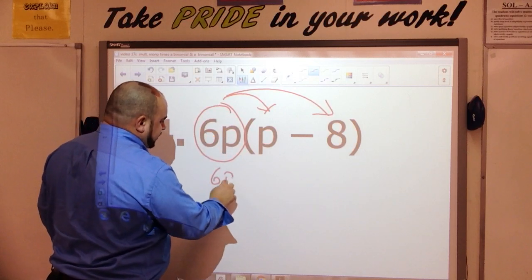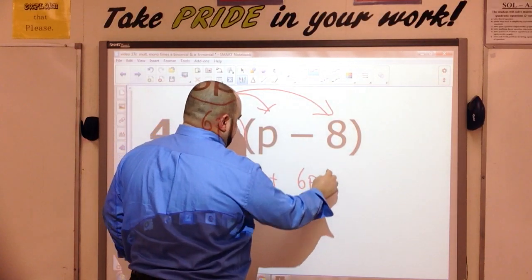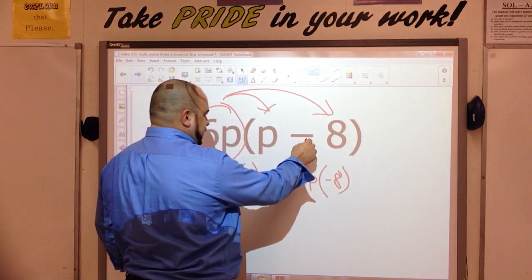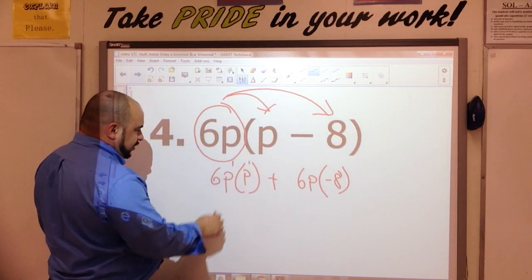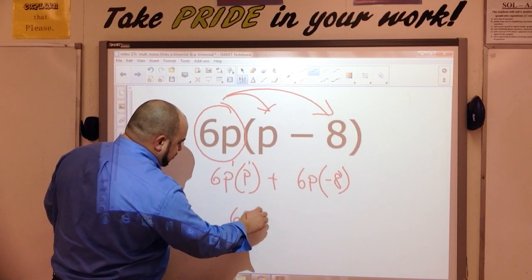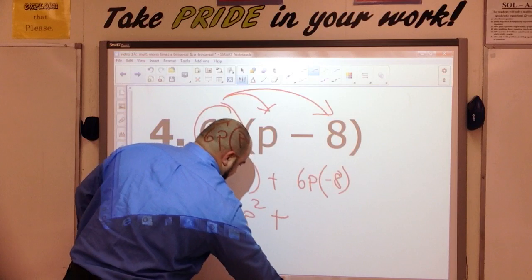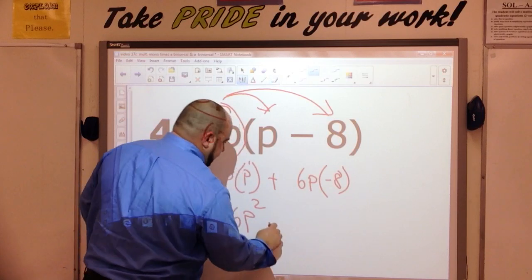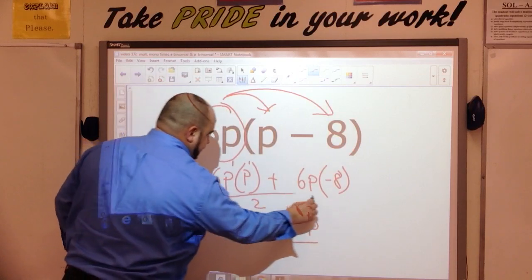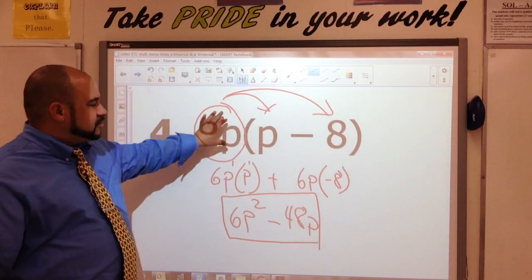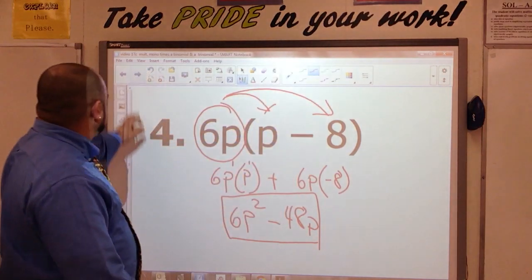You can rewrite this as 6p times p plus 6p times negative 8, because that's negative 8. 6p times p, there's a 1 here and a 1 here, that would be 6p squared plus 6p times negative 8, which is negative 48p. And that's my answer. So again, you're distributing whatever's on the outside to everything on the inside.